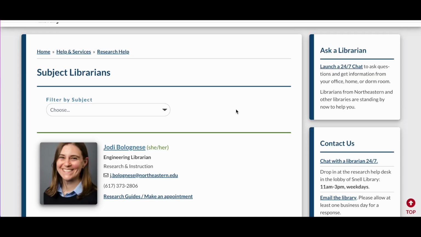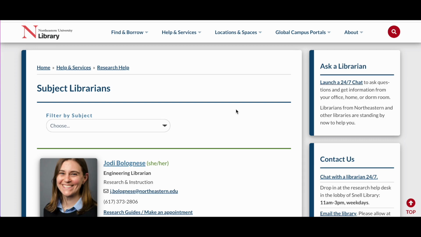So the last thing I want to talk about today are the folks who work at the library, because I think this is another common misconception that college students have. You have subject librarians in your college or university library, and that's good to know because that means that you have on campus somebody who is a top-notch expert, not in your field, but at researching in your field.